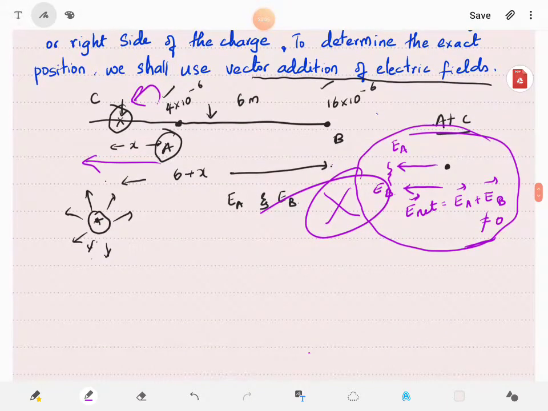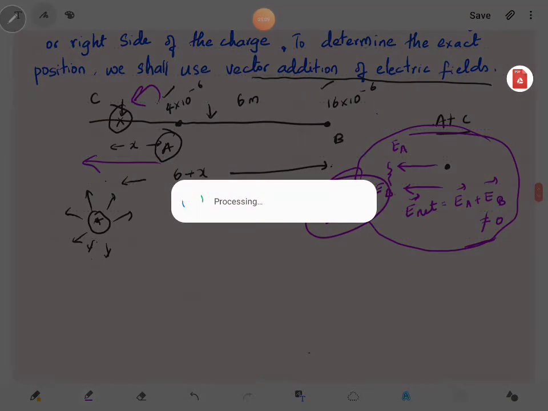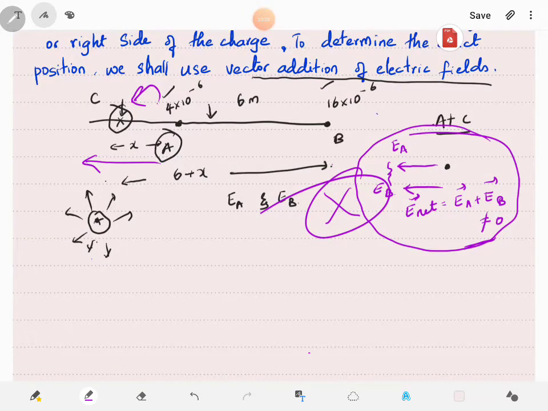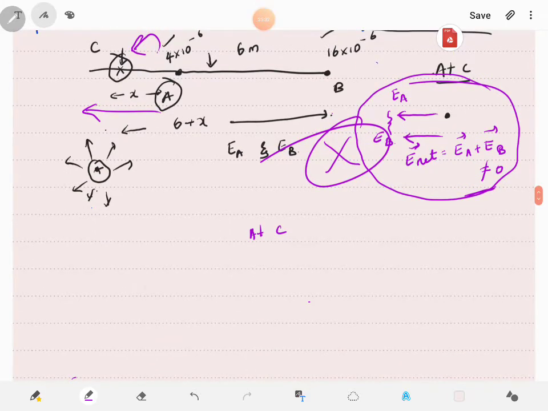So a null point does not exist to the left hand side. What about the right hand side? Let me redraw the diagram.